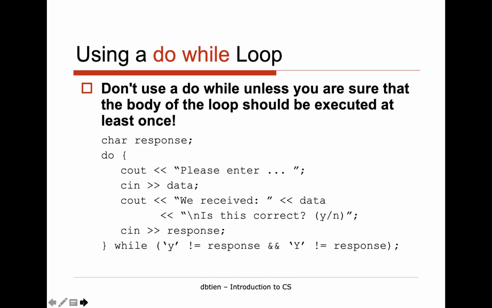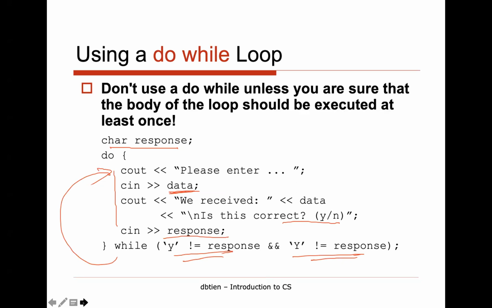For example, here we get the response. We don't care what the response is. We ask the user to input the data first, and then we check if it is correct or not. If they say it's not correct yet, come back, do it again.